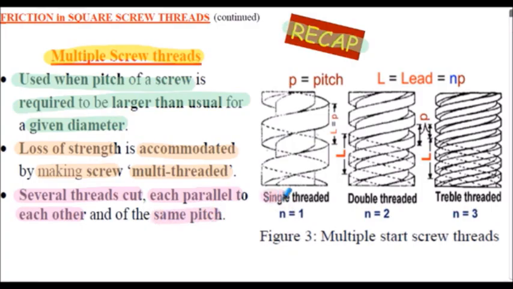So for a single threaded screw, when lowercase n is equal to 1, the lead is equal to the pitch. For a double threaded screw, when n is equal to 2, the lead will be twice the pitch, and for a treble threaded screw, a 3-start thread, n is equal to 3, and the lead will be 3 times the pitch. So that's an overview of multiple start screw threads.